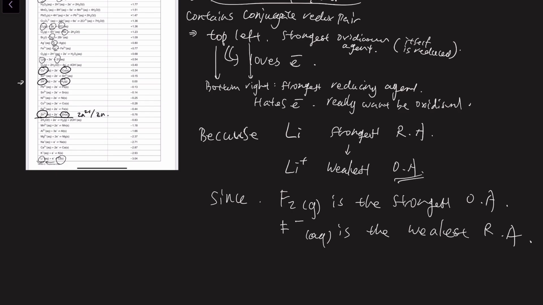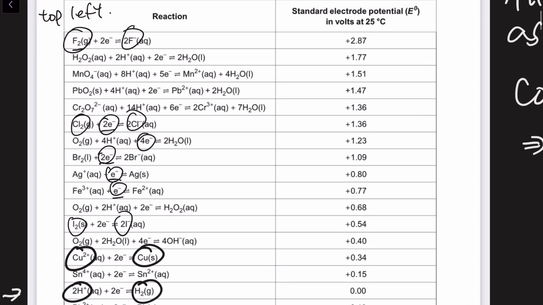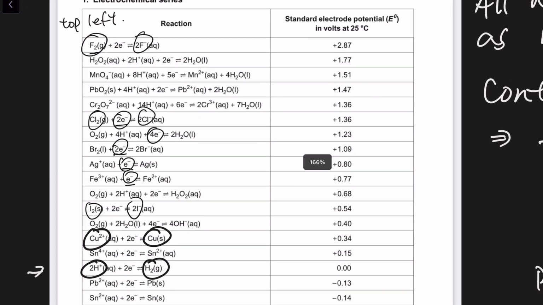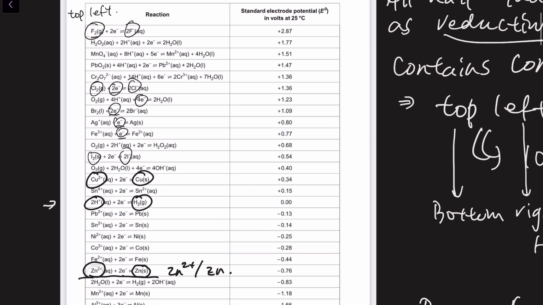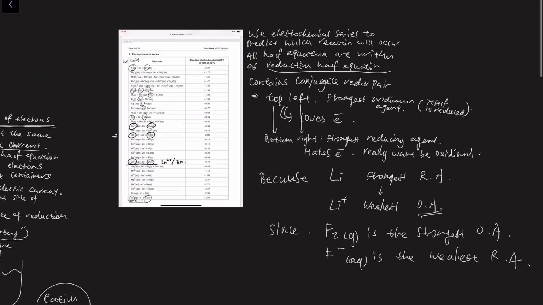Remember, a reducing agent undergoes oxidation itself. It really doesn't want to go through oxidation. It really wants to stay as fluoride ion. So that's how you read, use, and understand the electrochemical series.